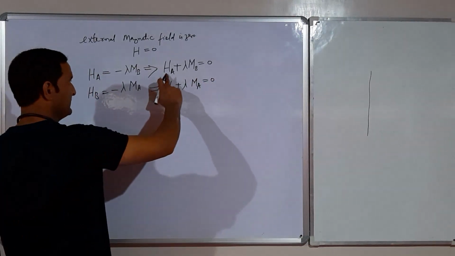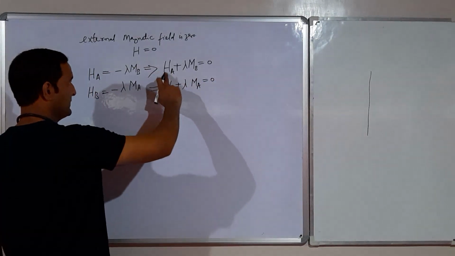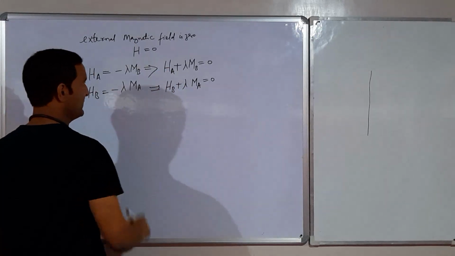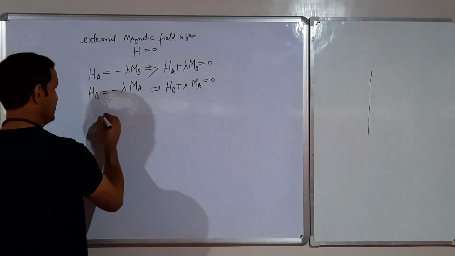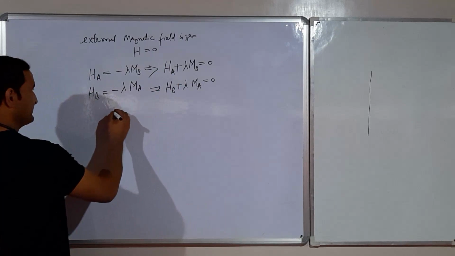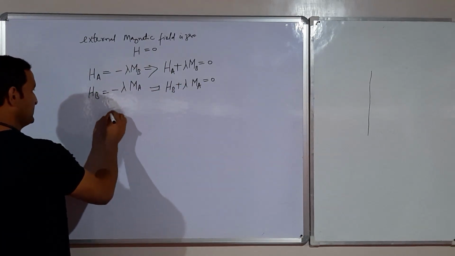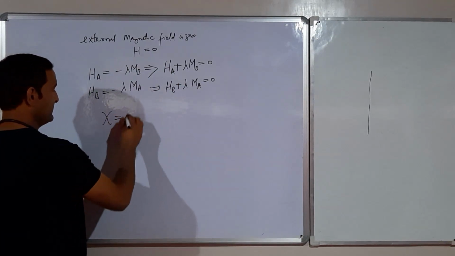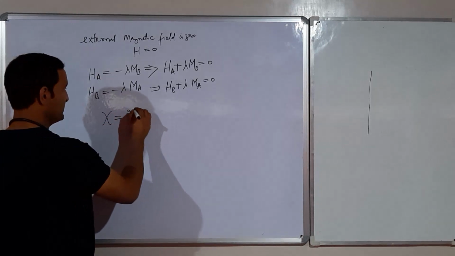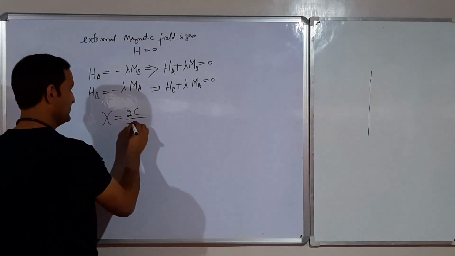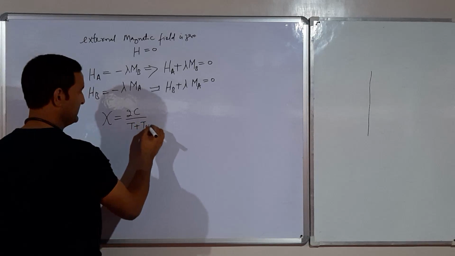So HA in terms of MA can be written as, because if we take the susceptibility, it will be equal to twice C upon T plus Tn.